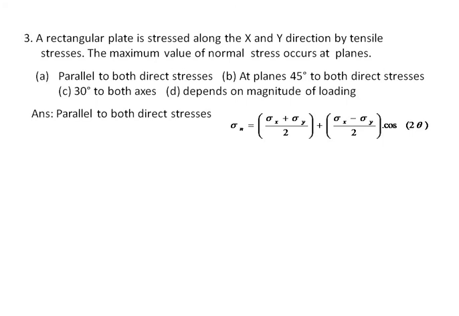So the maximum value of sigma n occurs parallel to either axis, in a case where there is only sigma x or sigma y. Remember this condition: there should be only two stresses, sigma x and sigma y. In that case, parallel to both sigma x and sigma y, maximum sigma n will occur.